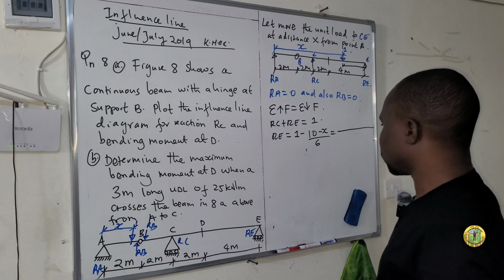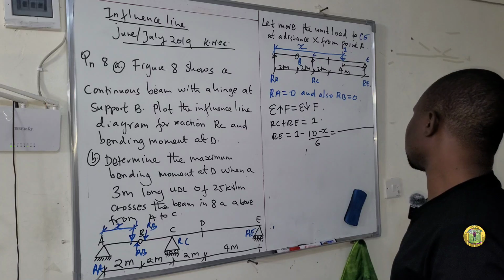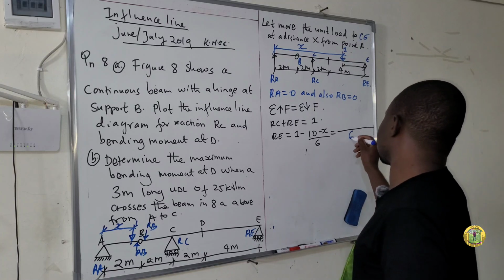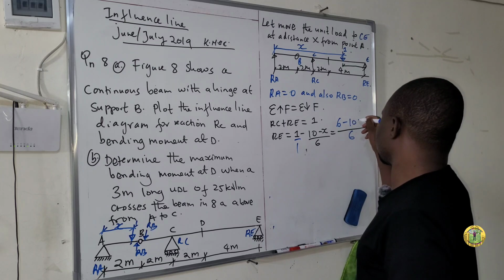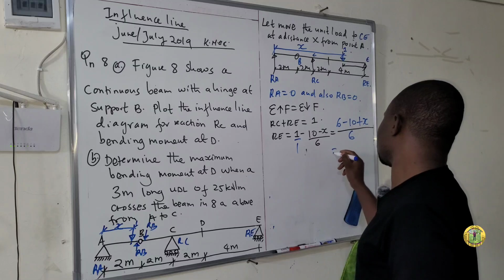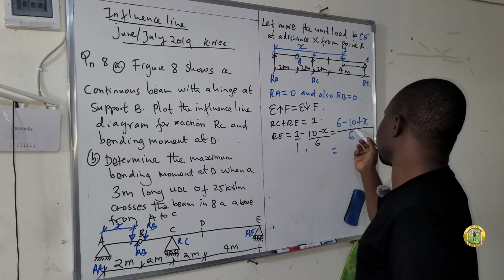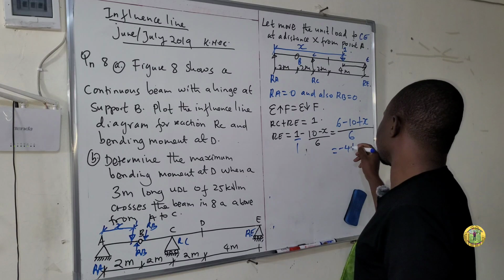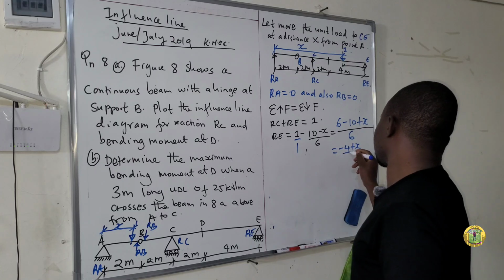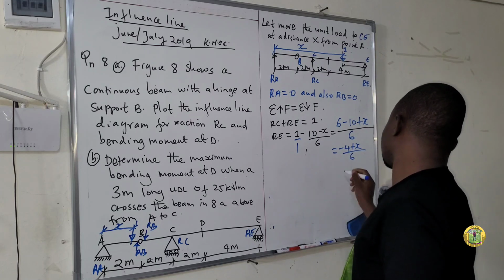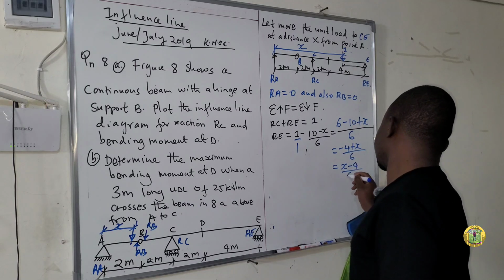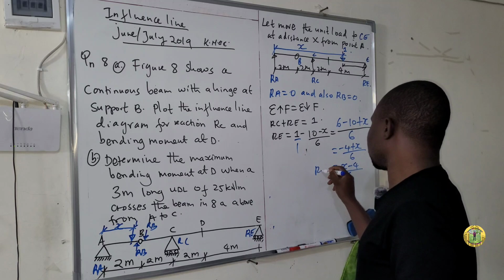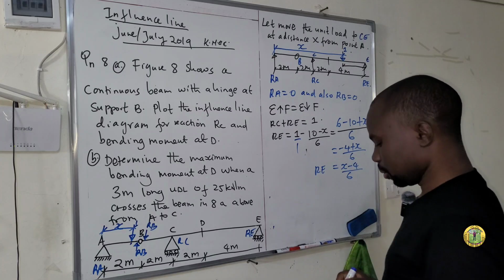So the LCM is 6. This is over 1, so it will be 6 minus 10 plus x. So this one is equal to 6 minus 10 plus x all over 6. So you can write it as x minus 4 over 6. So this is RE.